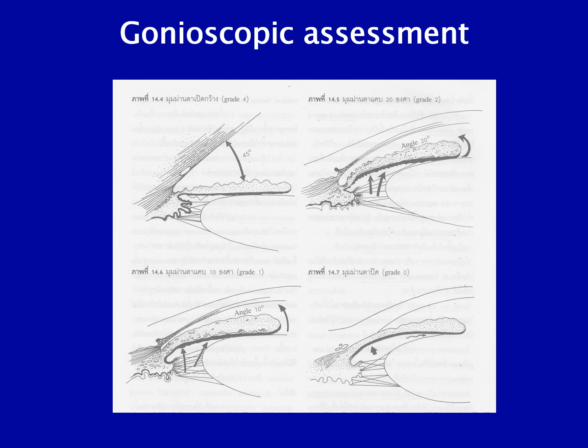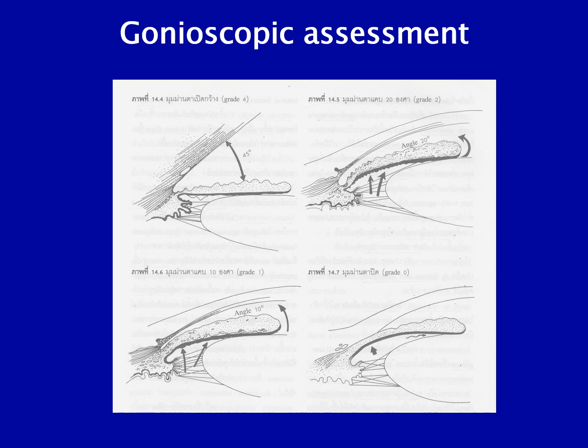Here you can appreciate the diagrammatic presentation of the angle of the anterior chamber. In the left hand picture, you can appreciate a wide open angle of 45 degrees, and it is called the grade 4 angle by the Shaffer and Becker classification.